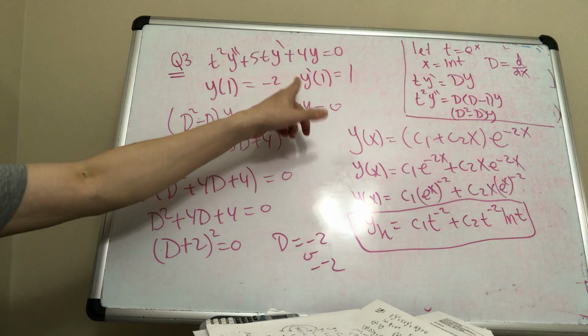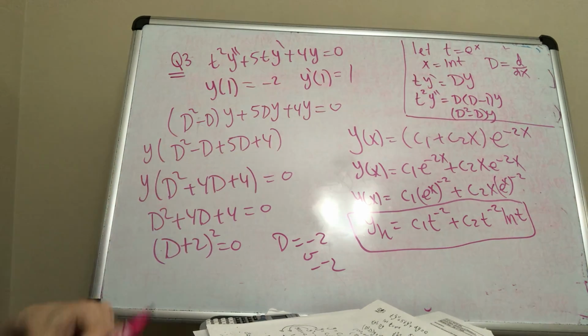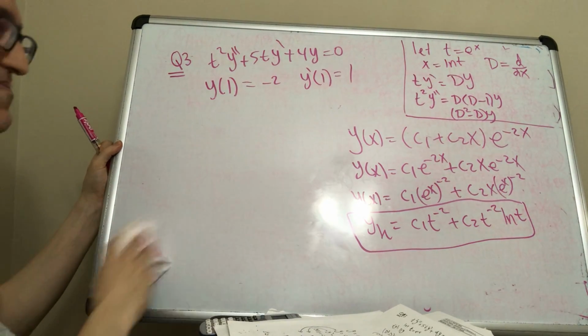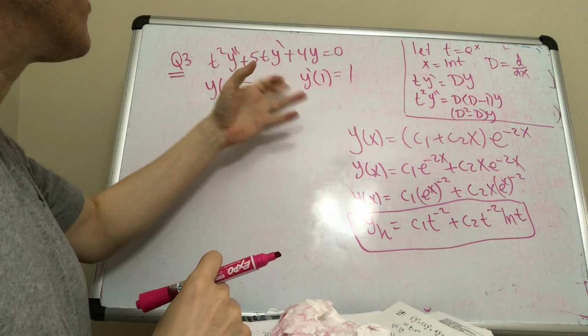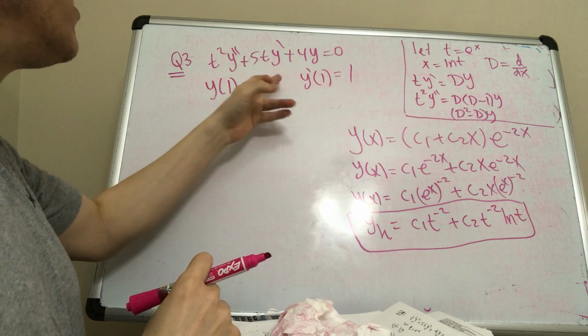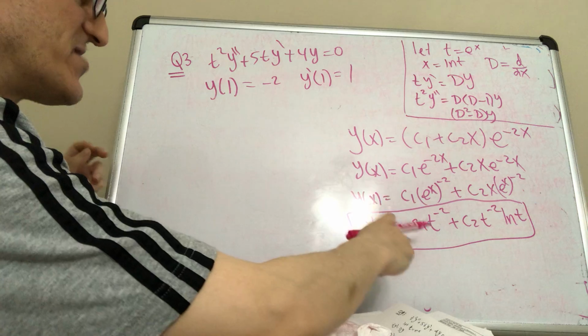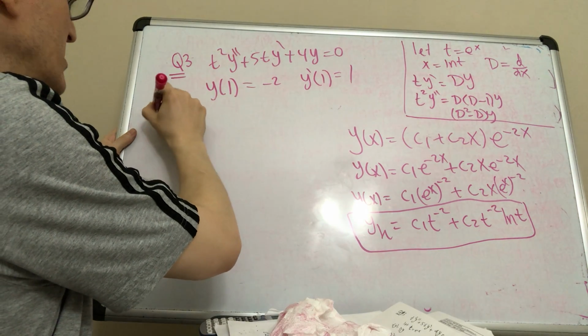Now I want to know what the constants are using this. But to do this, I need the first derivative and the actual function. So I have the actual function, I need the derivative.